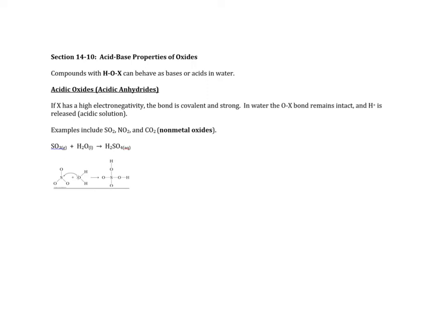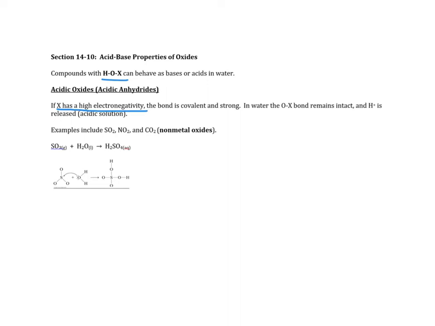In section 10, we're talking about the acid-base properties of oxides. So we're still thinking about compounds that have hydrogen bonded to oxygen, bonded to some atom X. And we're going to look at both acidic and basic behavior in water. If we have an acidic oxide or an acidic anhydride, our atom X is going to have a very high electronegativity.